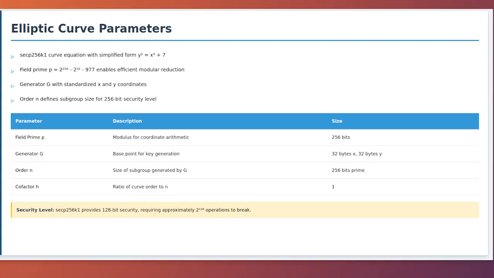What is crucial about this generator point is that it has a very large prime order, meaning the smallest positive integer n such that n times G equals the point at infinity is a prime number close to 2 to the power of 256. This order n is approximately 2 to the power of 256 minus a small value, and it defines the size of the subgroup generated by G.